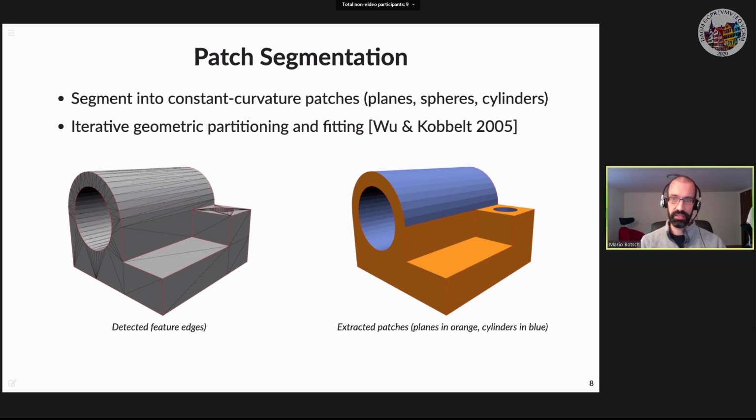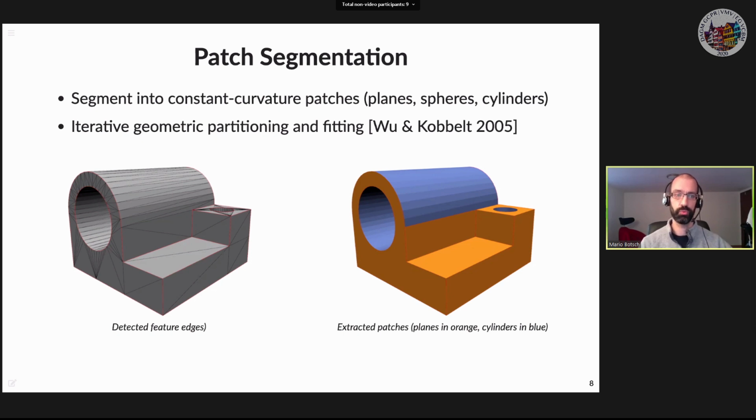So you assign triangles to the seed triangle they're closest to, and closest in this context means smallest geometric distance to the corresponding planar, spherical, or cylindrical proxy. Once you have this partitioning through the region growing, you optimize your proxies.